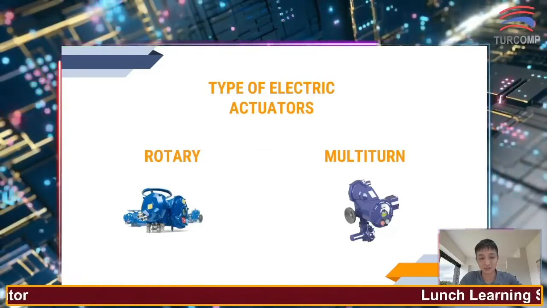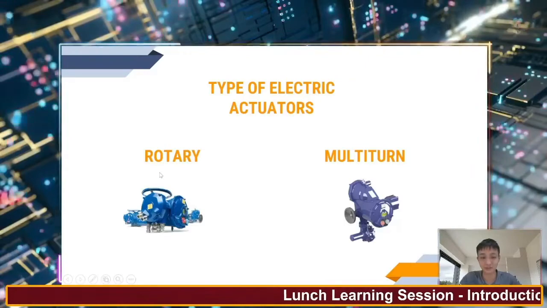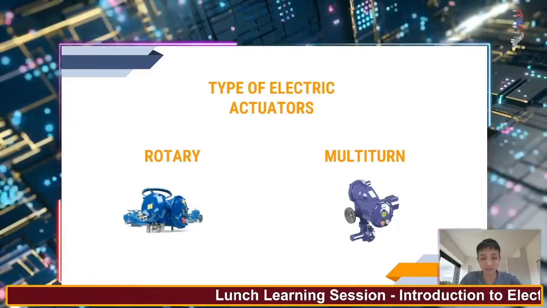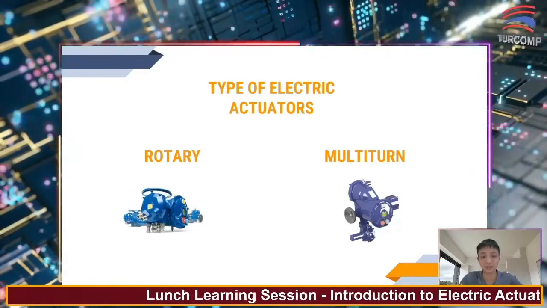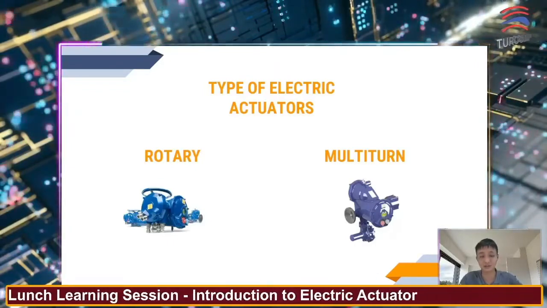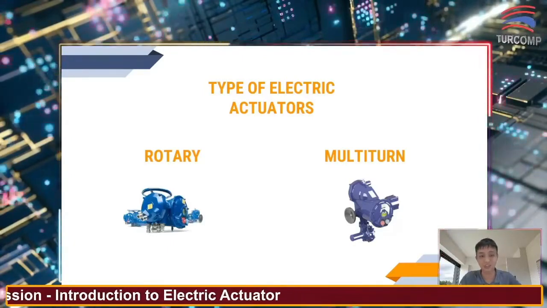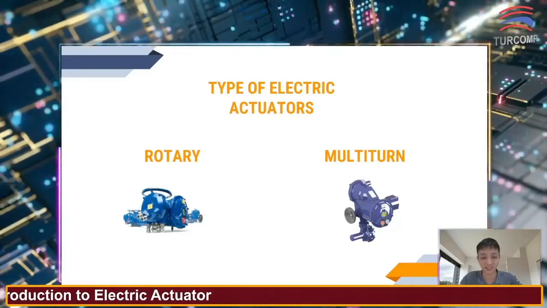During the sizing, they will be based on the valve size and then the torque values. They will have many different kinds of torques. We will do the calculation, the sizing, and then determine what the sizes are.